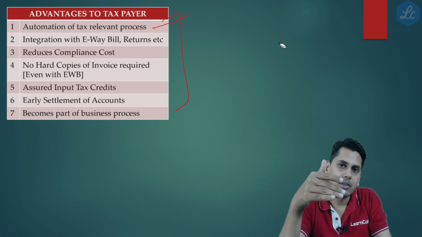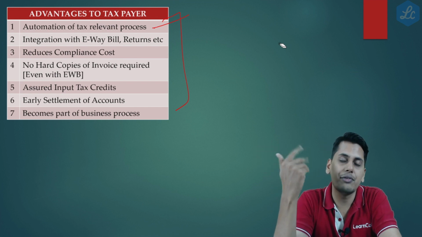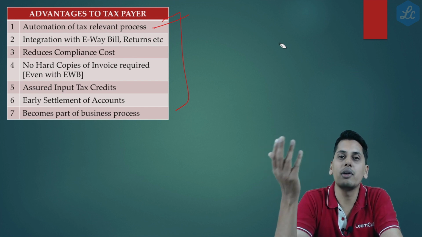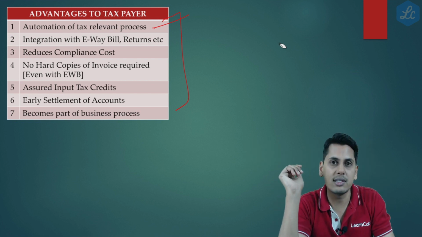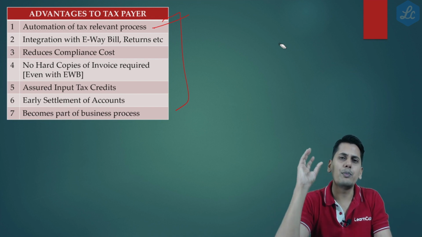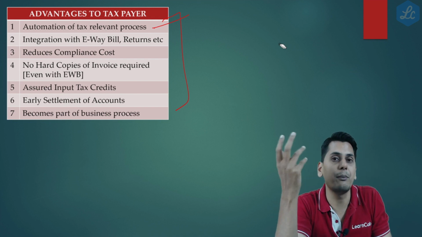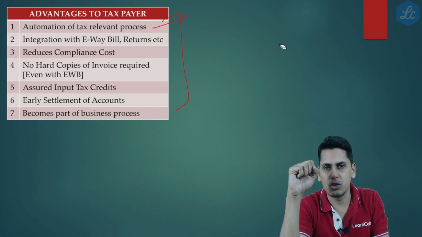That invoice, at the end of the tax period, for the purpose of filing the returns, you are going to report in GSTR 1. So first the transaction takes place and then the reporting happens. There is a gap between transaction and reporting. Therefore, reporting seems to act as an extra compliance burden. Reporting seems to be extra work which needs to be done.